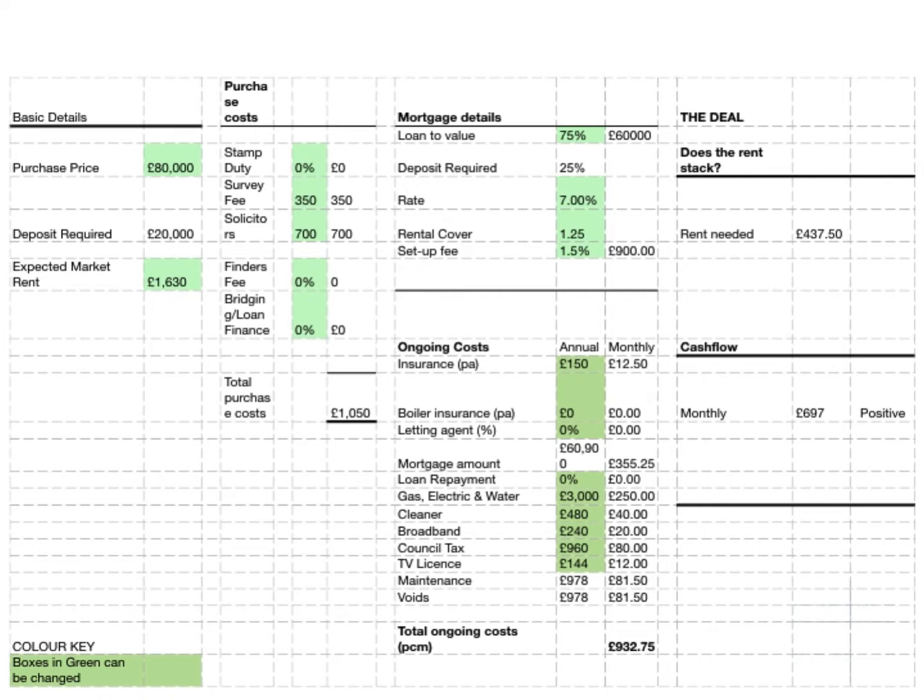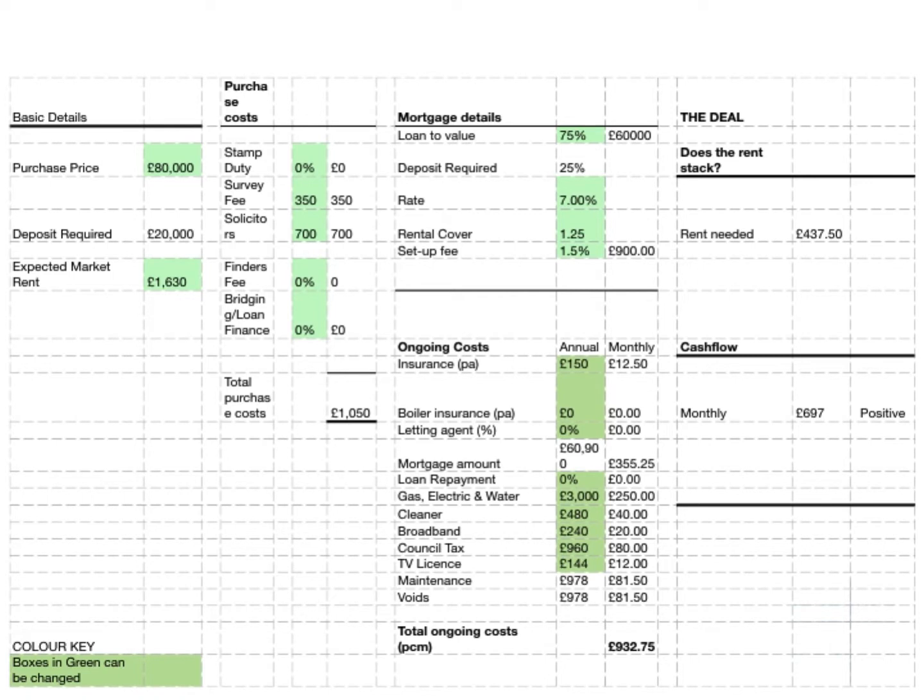Now, again, you can do the same with voids. So if you are not sure about whether you will be able to fill the property quickly or whether you'll be able to keep it full, you might want to factor in slightly higher voids, because you can always reduce it when you find out the reality of it. But you might want to factor in at least 5% for voids.